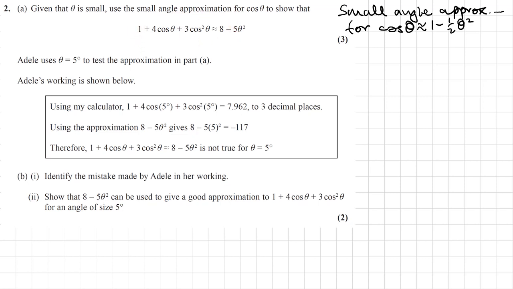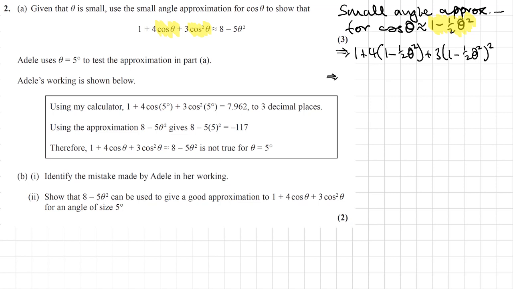So everywhere that we see cos theta, so cos theta there, cos theta squared, we're going to replace it with 1 minus a half theta squared. Right, so that will give us 1 plus 4, do the substitution, 1 minus a half theta squared, plus 3, and then 1 minus a half theta squared, and that itself is going to be squared.